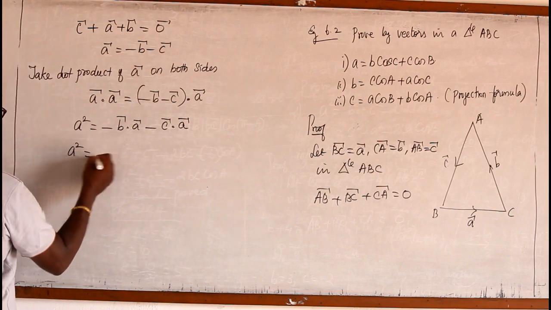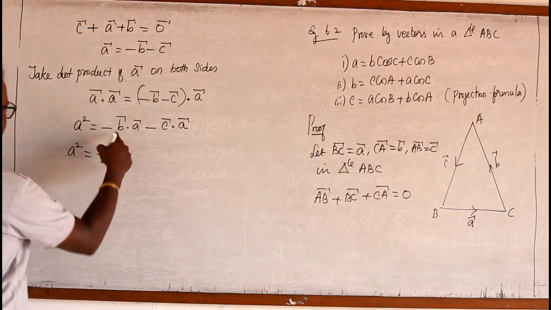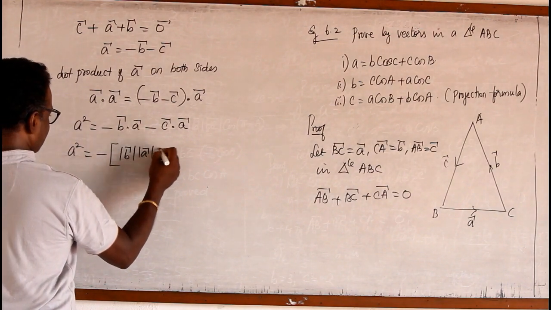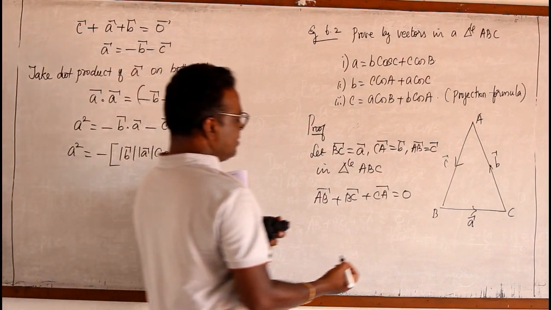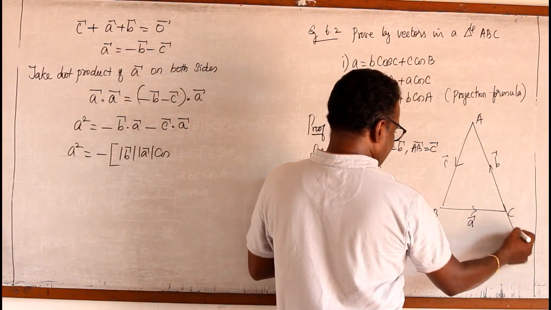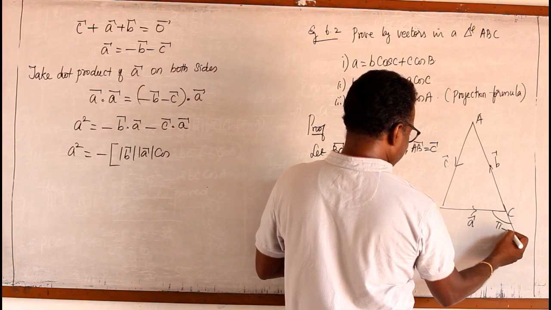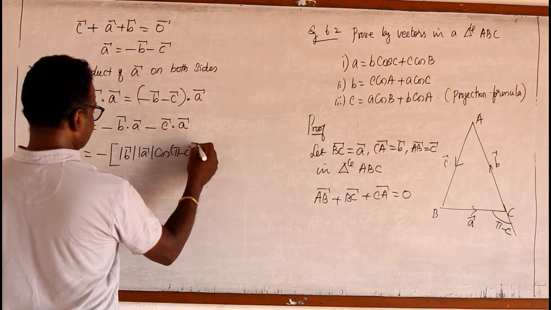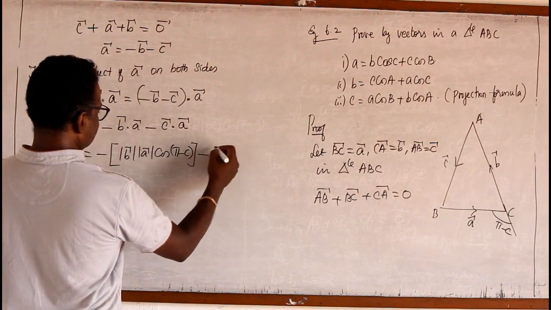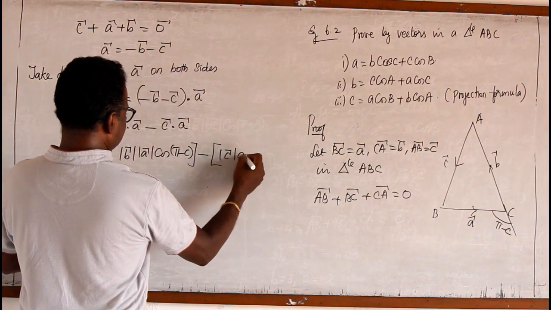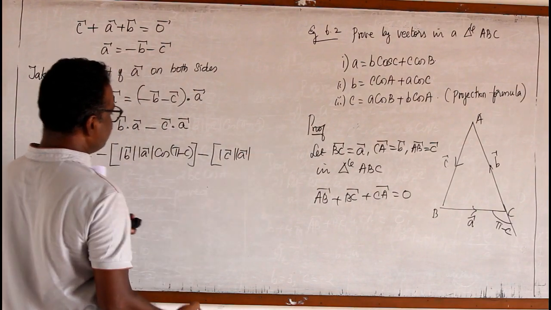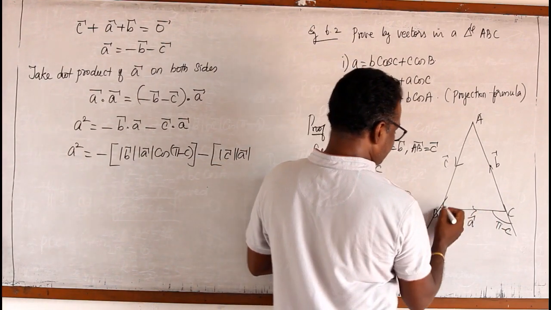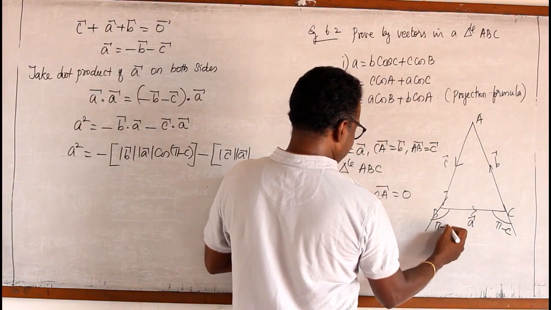Then a² equals minus, taking out both terms, modulus of b, modulus of a, cos of the angle made by b vector with a vector, so it is π − C, cos(π − C). And modulus of c, modulus of a, with the angle made by c vector with a vector, so it must be π − B.